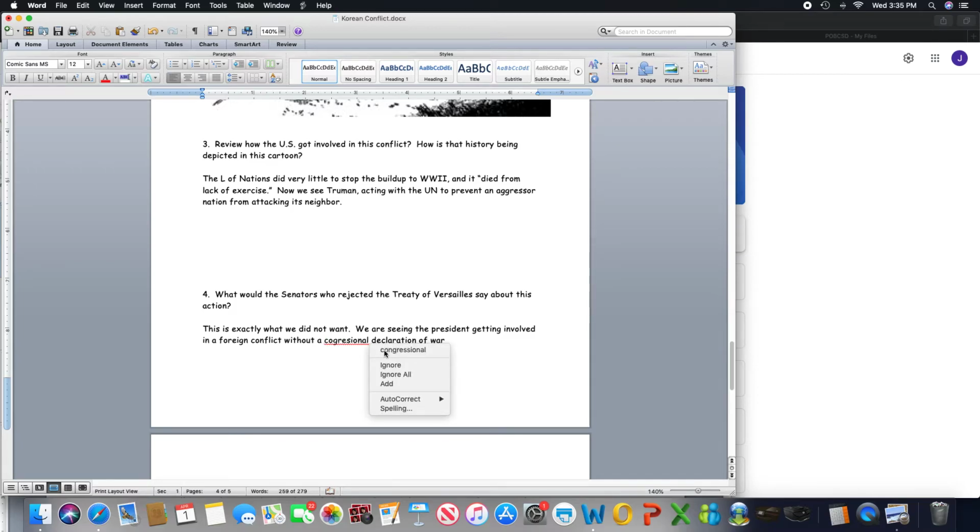And it shows an expansion of presidential power that could potentially be dangerous.